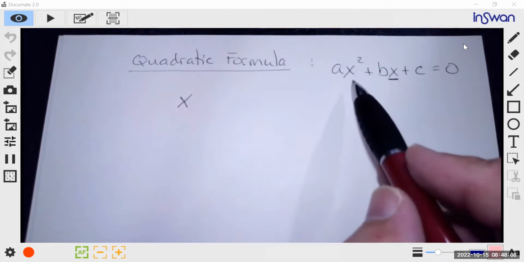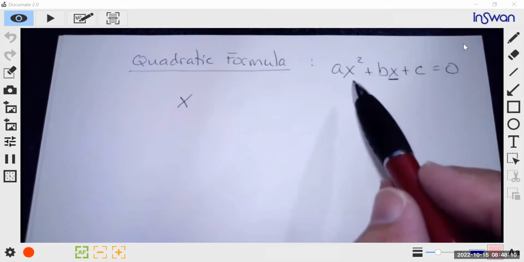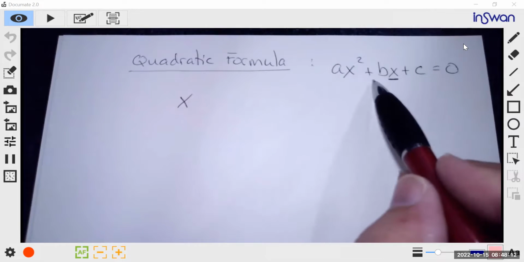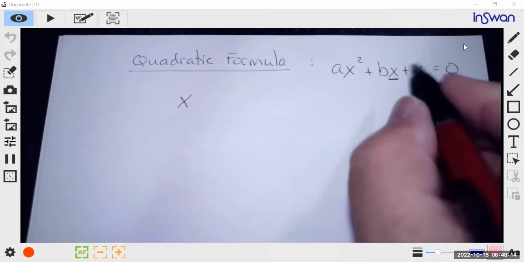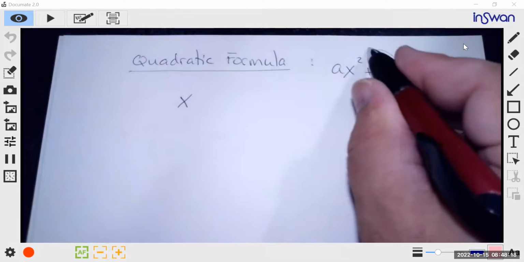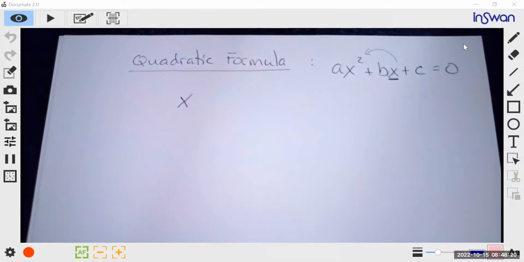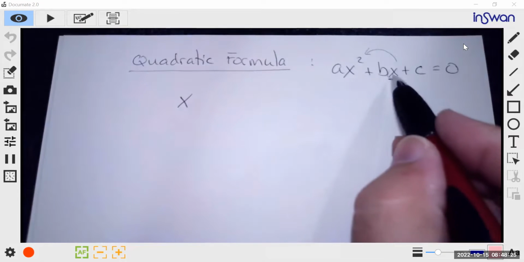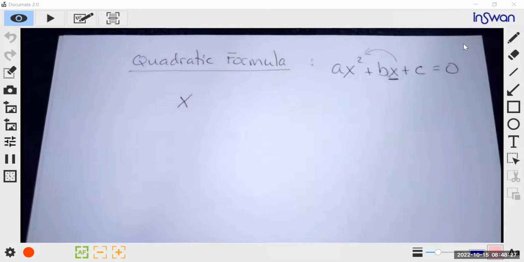As long as your equation is of this form, ax squared, in other words, here's what you're looking for. Whatever the middle term, the middle x is, as long as the first x is squared.